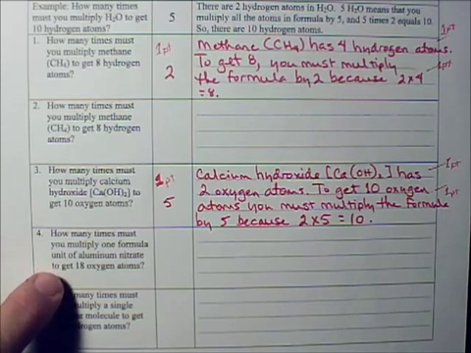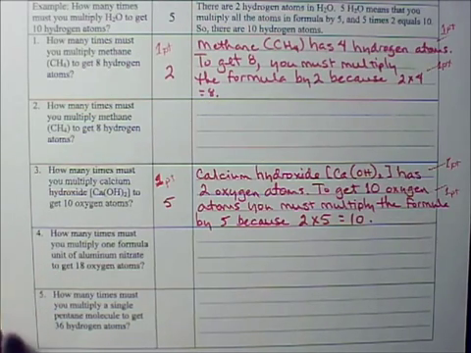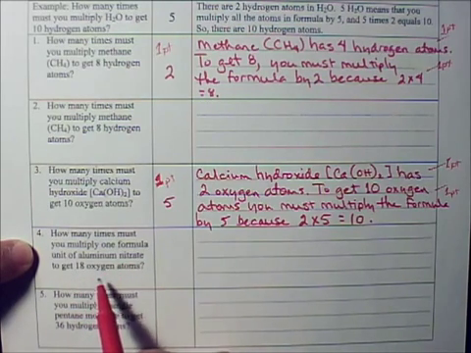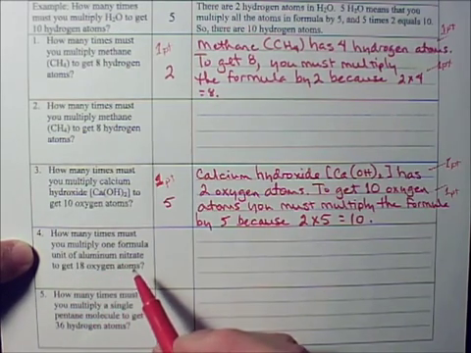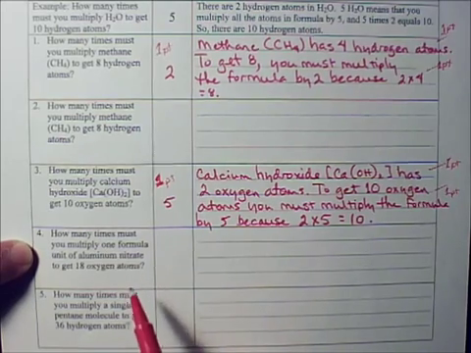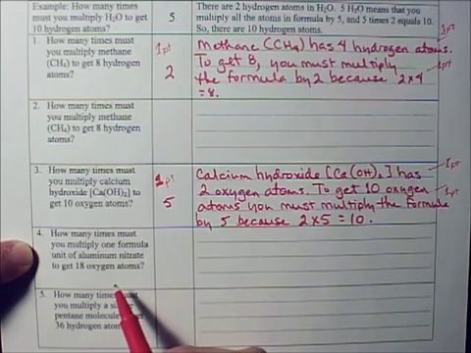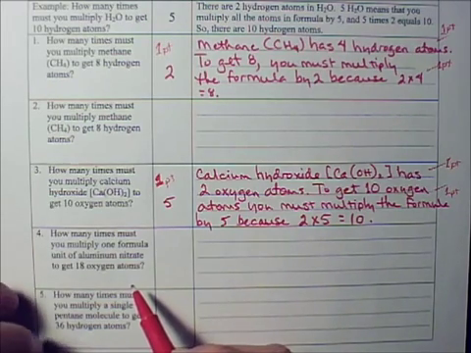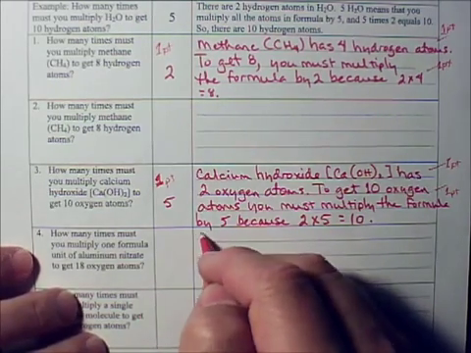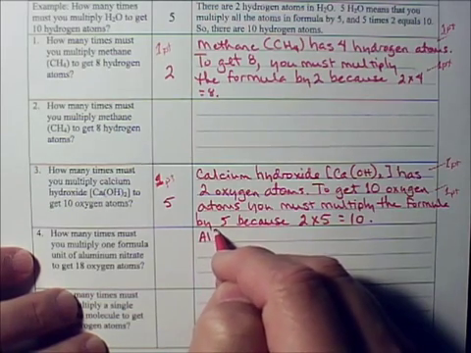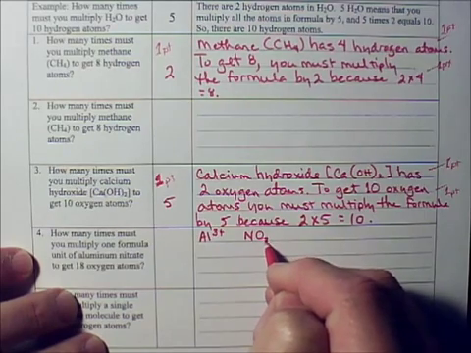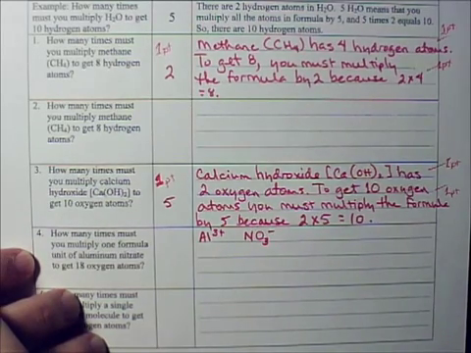Number 4, how many times must you multiply one formula unit of aluminum nitrate to get 18 oxygen atoms? Well, to know that, you've got to figure out what the formula for aluminum nitrate is. And that's what we learned in Unit 3, is how to figure out the balanced formula. So aluminum has a 3+ charge. Nitrate has a 1 negative charge.